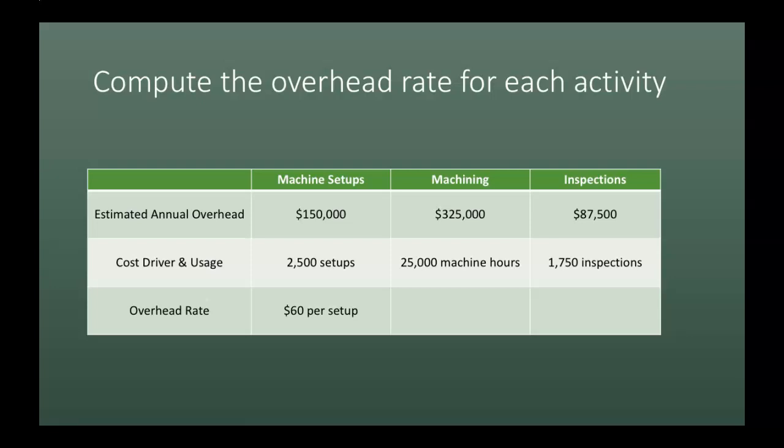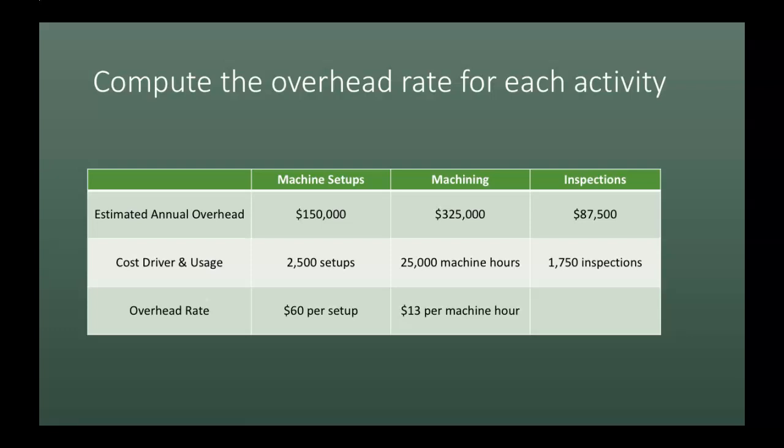Now machining. So our estimated annual overhead was $325,000. Our cost driver and usage was 25,000 machine hours. If we take our annual overhead divided by our cost driver, we end up with $13 per machine hour.